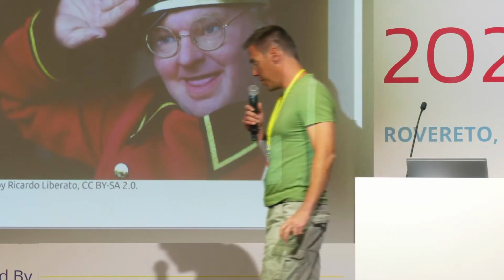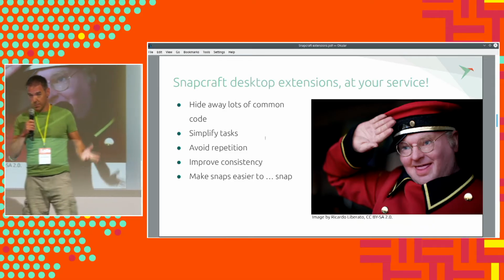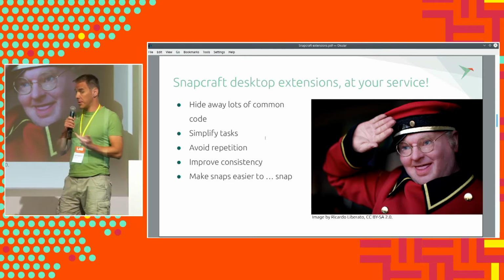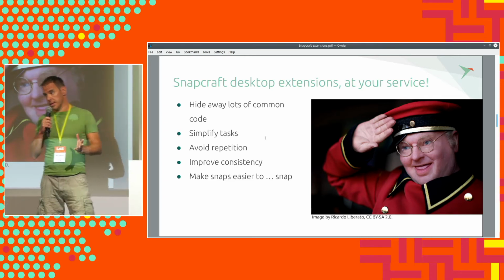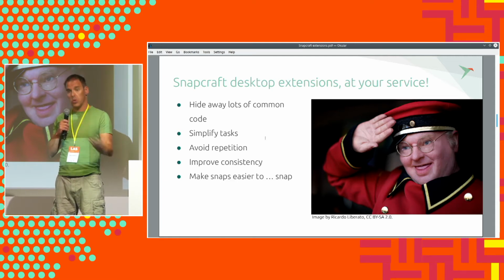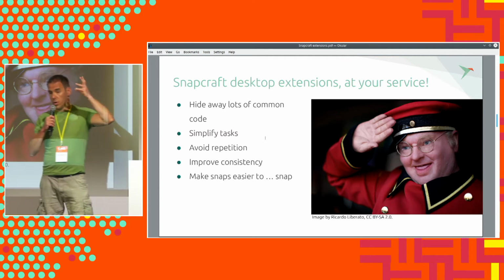So there is an easier way to actually create snaps in an automagical way. And it's Snapcraft Extensions. The concept is as follows. You have a lot of repeatable, reusable tasks and code snippets that you put into snaps. For those of you who have created snaps, you go through almost like a recipe.